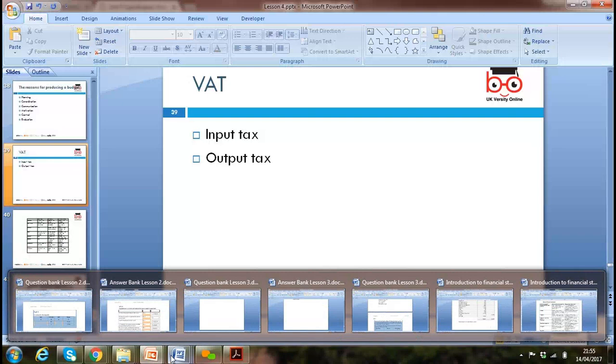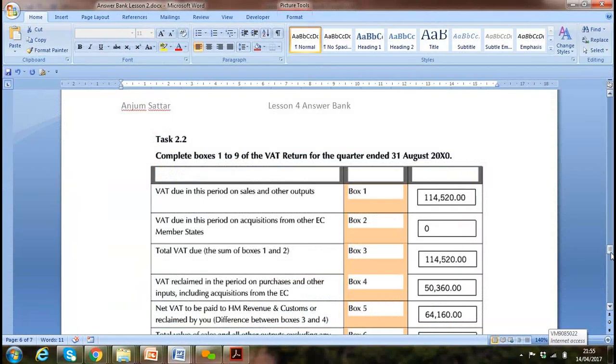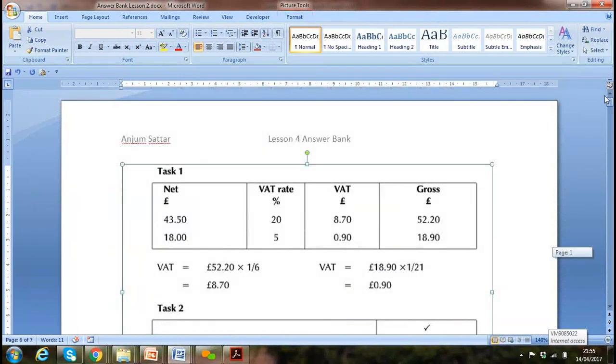I have prepared a few handouts for you, which I sent to you. This handout is about how we can calculate the VAT. Here, if we sell things at 52 pounds 20 pence, 20% VAT on it means 8 pounds 70 pence, and the value before VAT is 43.50.